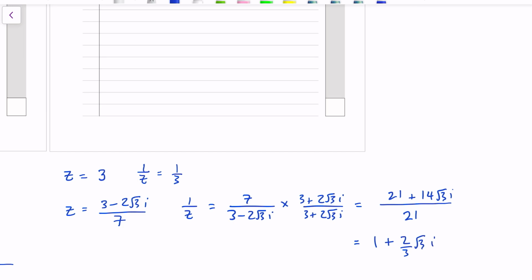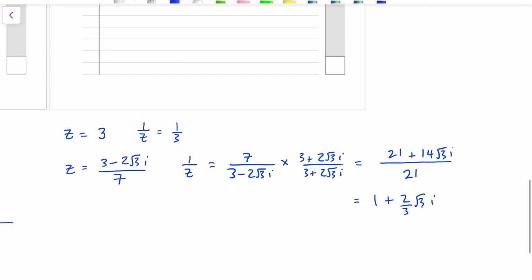Okay, and then because, again, this problem only had real coefficients, the third solution, when we take z is equal to 3 plus 2 root 3i over 7, if I was to reciprocate that, 1 over z is just going to become 1 minus 2/3 root 3i.